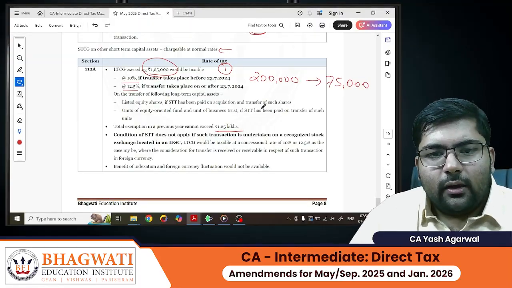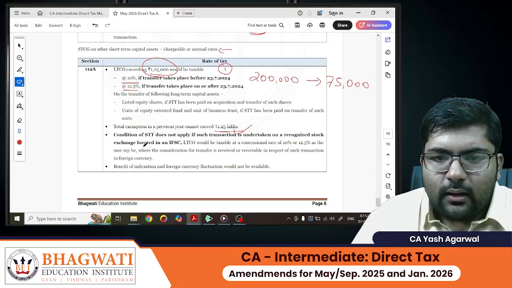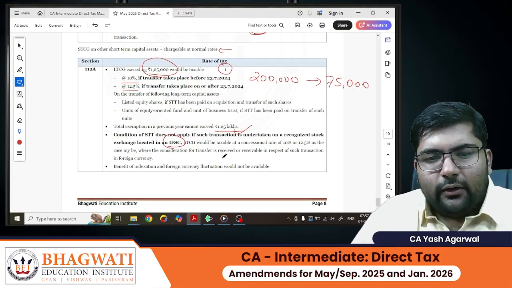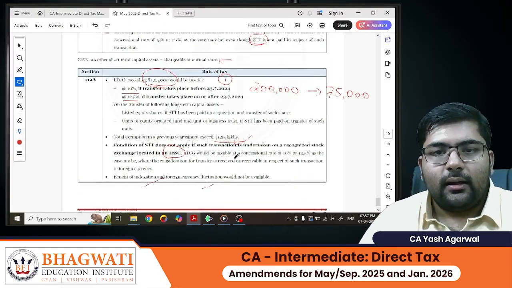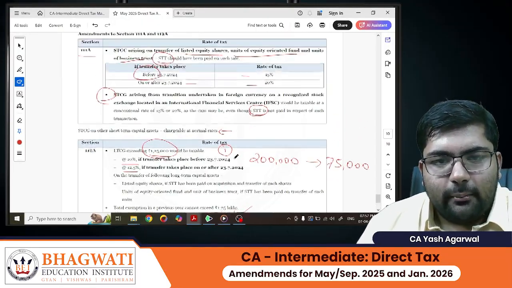No other provision. That condition does not apply for recognized stock exchange and IFSC. Same point. And there is no benefit of indexation or foreign currency fluctuation. This was anyway not there under 112A. So this is not available. That is all. These are your amendments in capital gains.